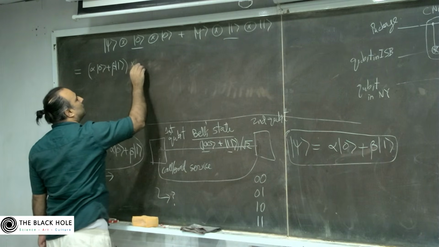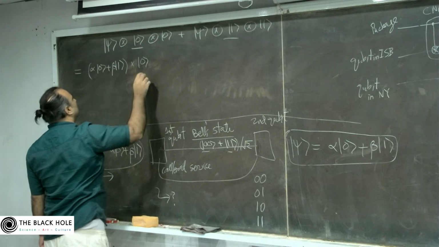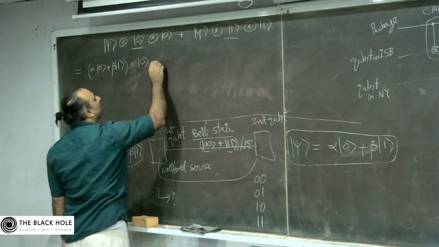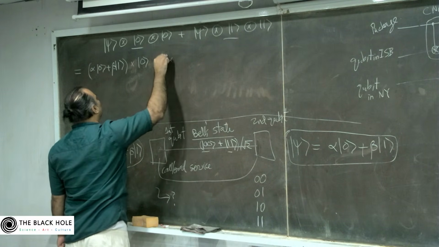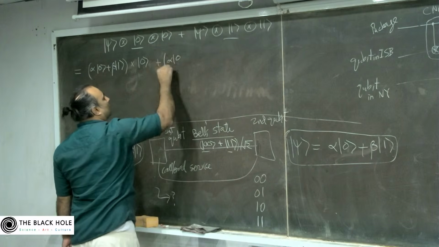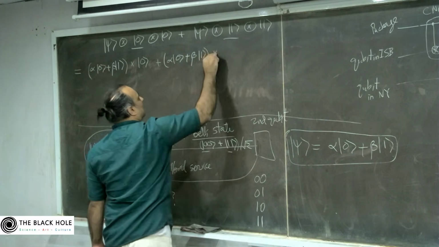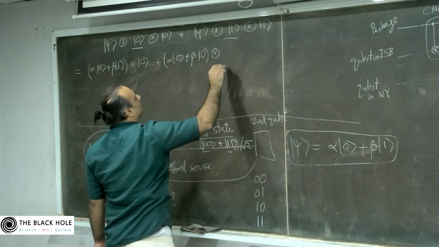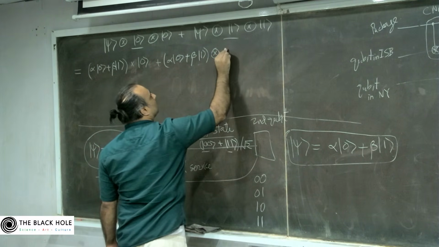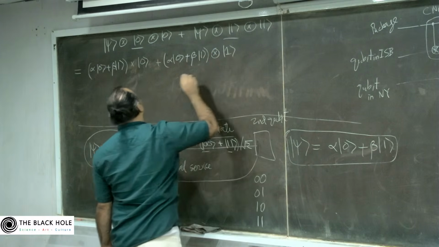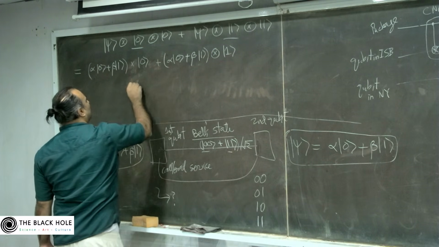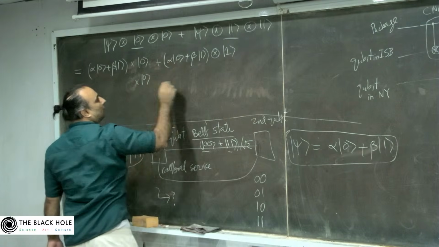So let's take this part plus alpha 0 plus beta 1 and one part, and let's write that as well.